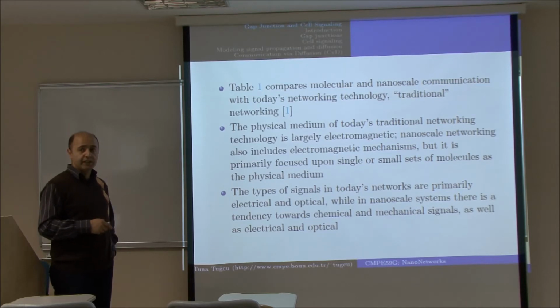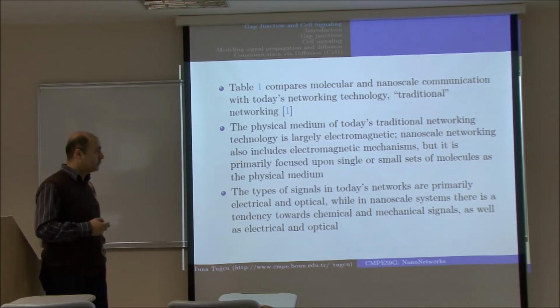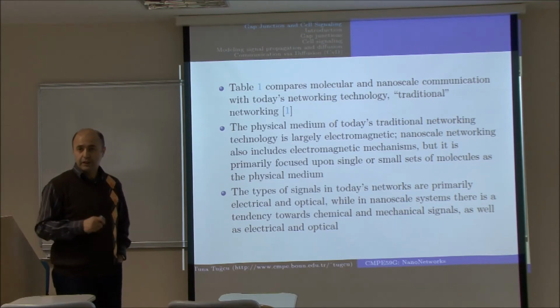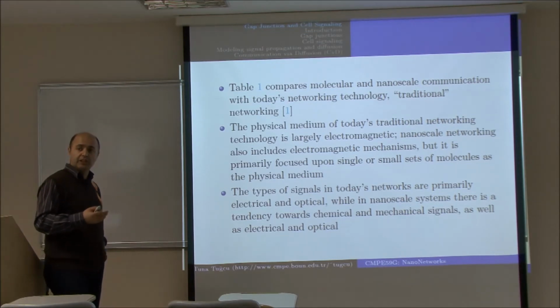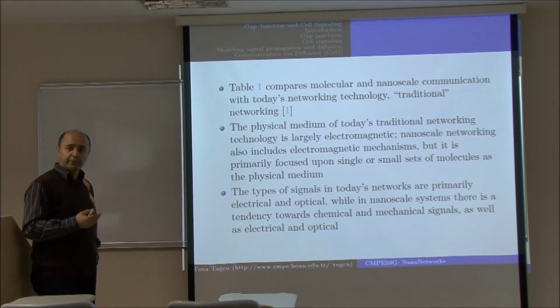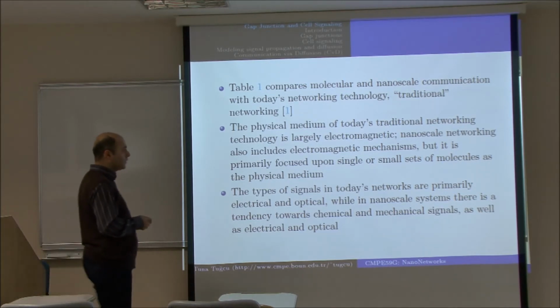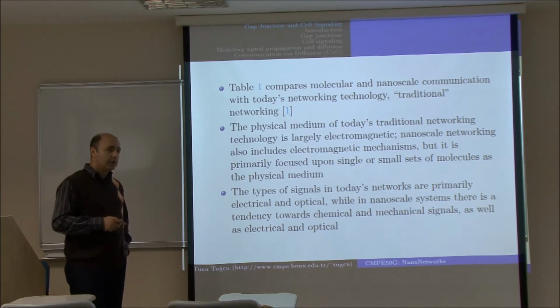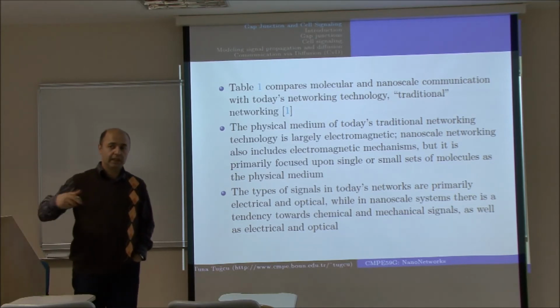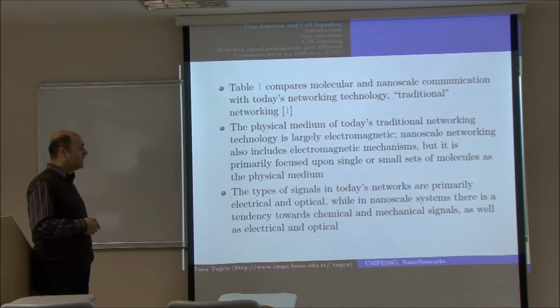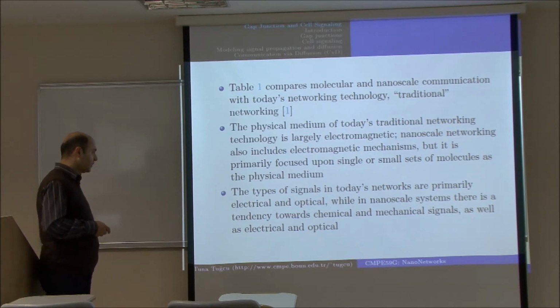In nanoscale networks, you can work with electromagnetic signals, for example terahertz communication, but in most cases we're talking about transmission of molecules rather than electromagnetic signals. But then that means communication at very low data rates.